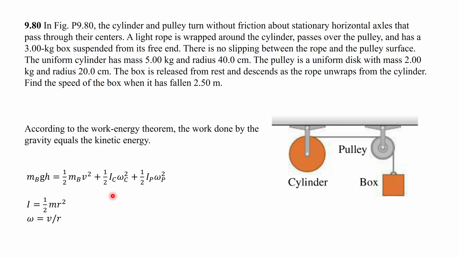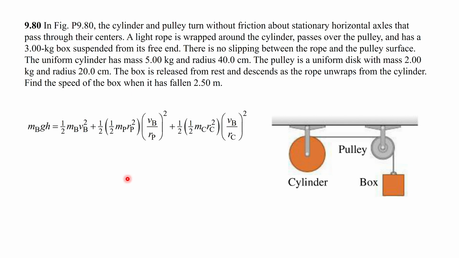So we can plug in these two terms to replace the inertia and the angular velocity to make sure we only have one unknown parameter. So here, this is what we have. We plug in the inertia, and also the angular velocity using the linear velocity over the radius. Okay, and we assume all the velocity on the string is the same.